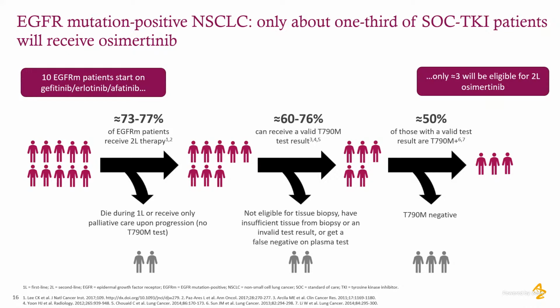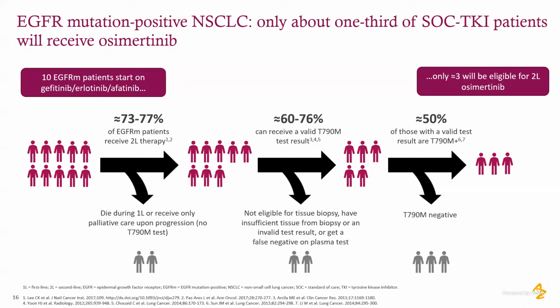Now, among these 8 patients, 60 to 76% can receive a valid T790M test result, but some are not eligible for tissue biopsy. Again, another 20% have insufficient tissue from biopsy, or an invalid test result, or get a false negative on plasma test.